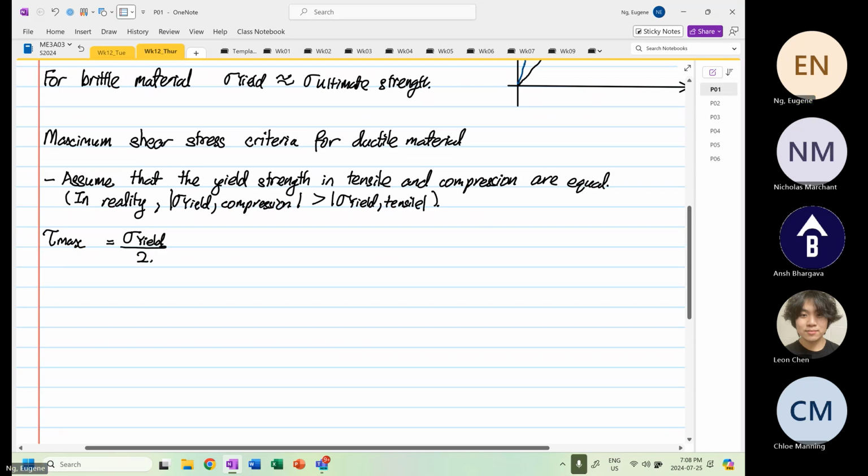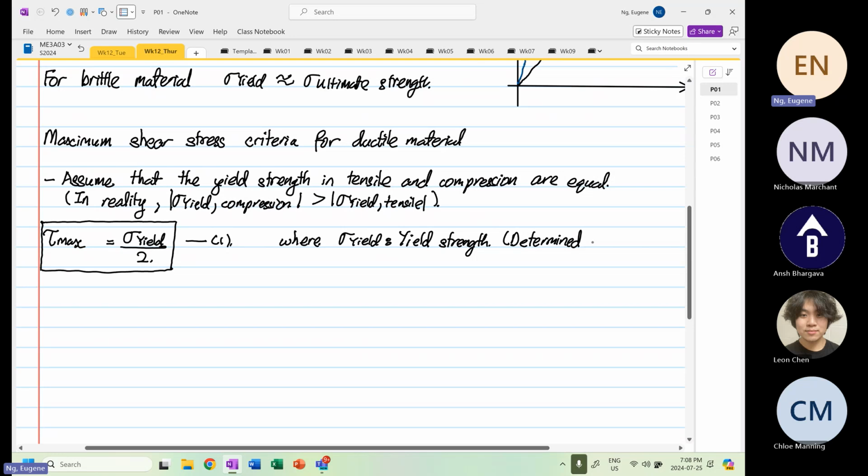So we know there's the maximum shear stress, and I'll call this equation number 1. And in this equation number 1, the stress yield is the yield strength, which is determined experimentally.